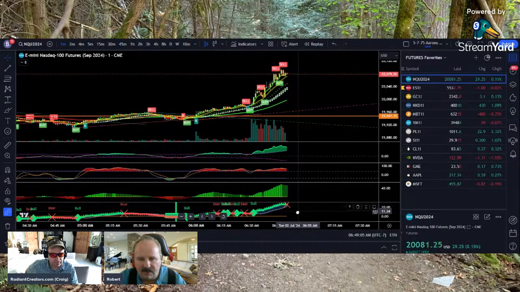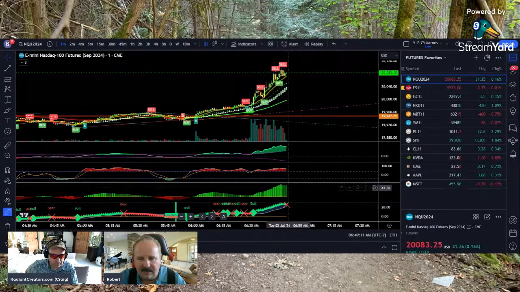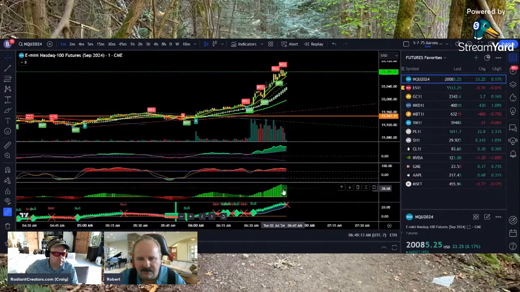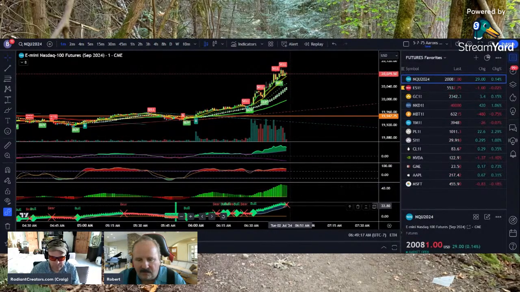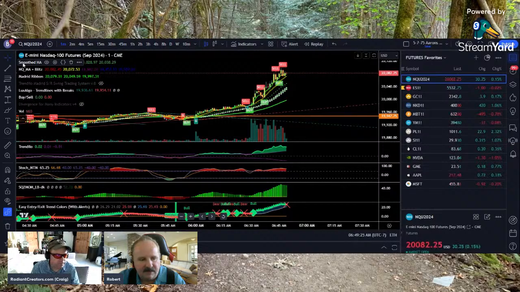Now we are starting to see a little bit of rollover activity in the indicators. The green bars on the squeeze are getting darker, maybe shorter. There's a little bear signal on the MACD. The version that I use is the Easy Entry/Exit Trend Colors with alerts.